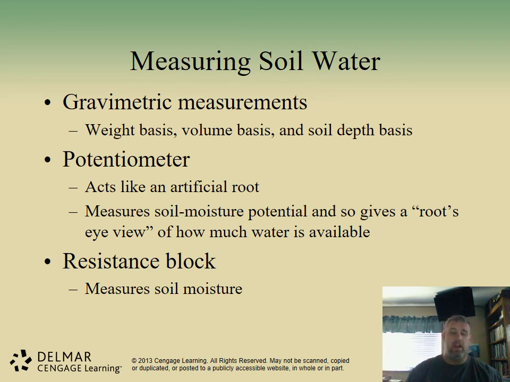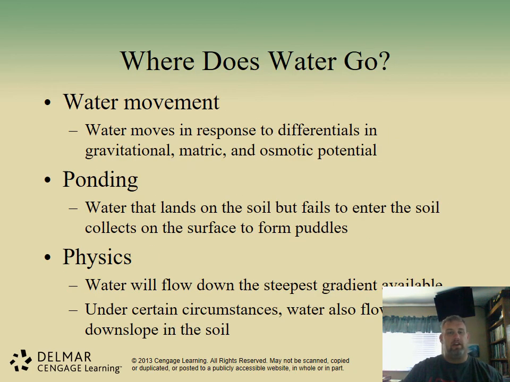And then lastly, you have the resistance block, which is a block that measures soil moisture by being placed in the soil. Also, something not discussed here is soil moisture meters, which are used by irrigation systems to understand water in the soil, and that is done by electrical current.